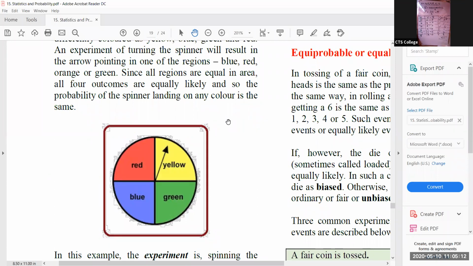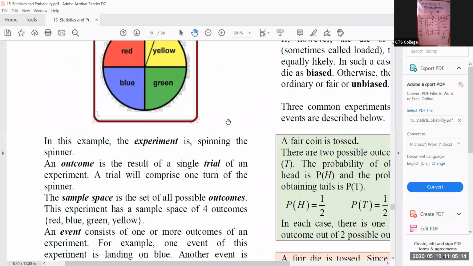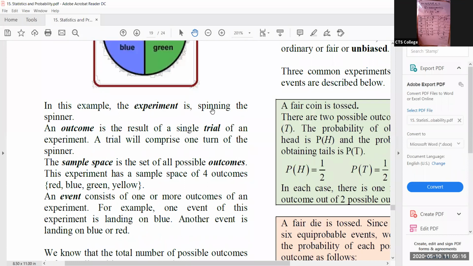Yes, sir. So in this example, the experiment is spinning the spinner. And an outcome is the result of any single trial of the experiment. A trial will comprise one turn of the spinner. The sample space is the set of all possible outcomes.